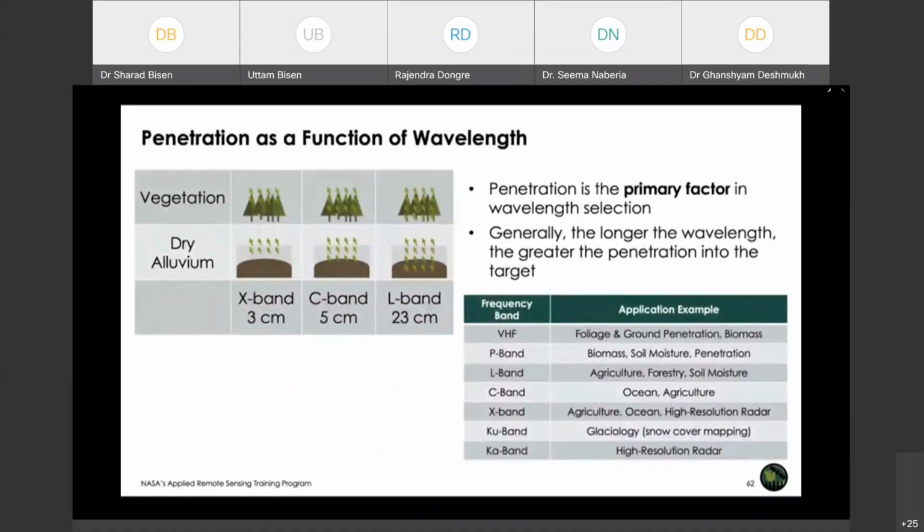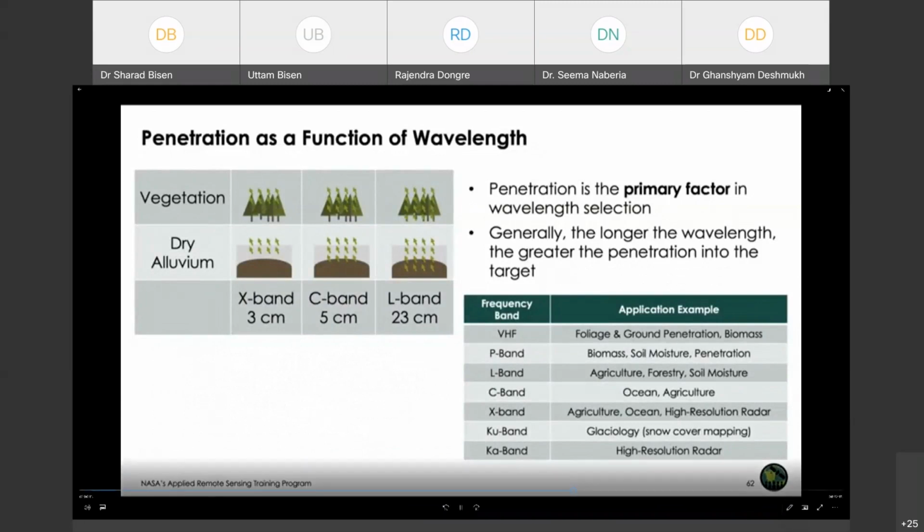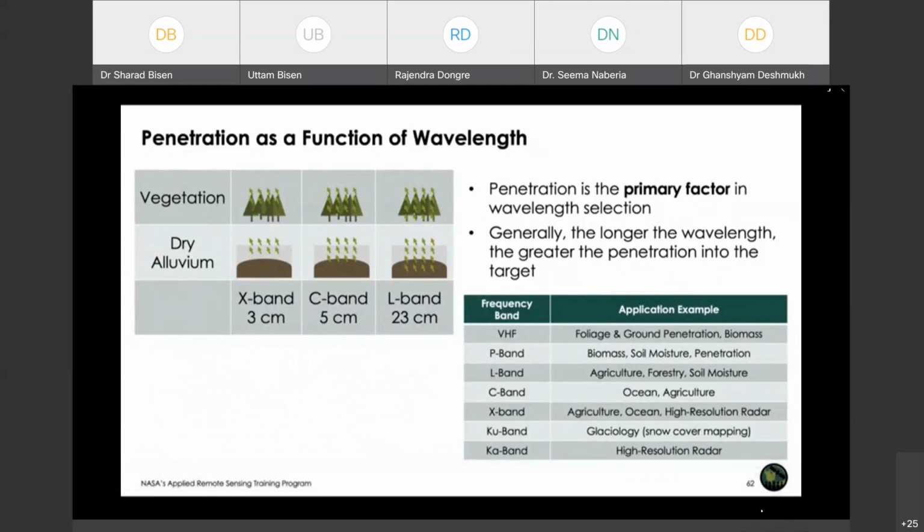There are two important things to remember about wavelength. The first is that the longer the wavelength, the greater the penetration through the medium, and second, that the length of the wave will determine the interaction with the surface objects. The wave will interact with objects that are approximately its size. The figure on the left shows the extent of penetration through different mediums with different bands.